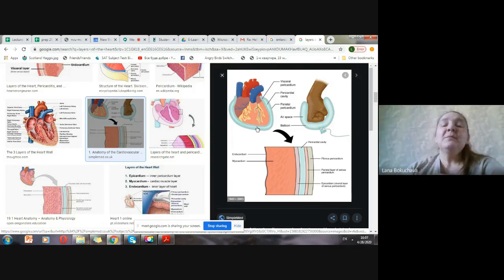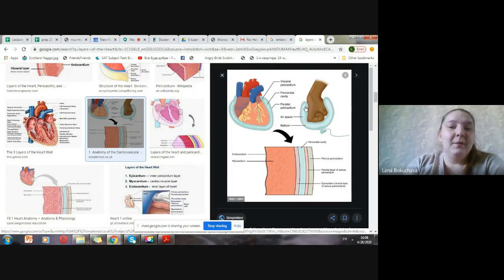You know why? Because when we have contraction and relaxation, there is friction of the heart with its surroundings, so to reduce this friction and the damage to the heart, we have these particular linings. This is a nice illustration of what is happening.